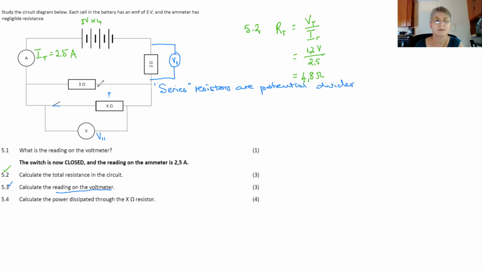Now, 3 and X, they're parallel, but they're in series to the 2 ohm resistor. So the total voltage would be the voltage across the parallel combination plus the voltage across the 2 ohm resistor.